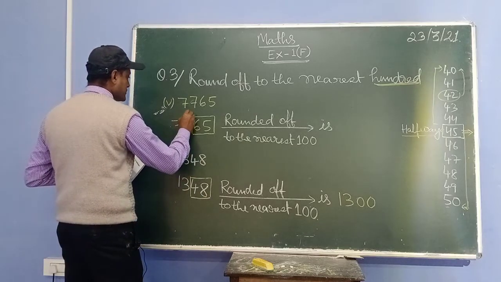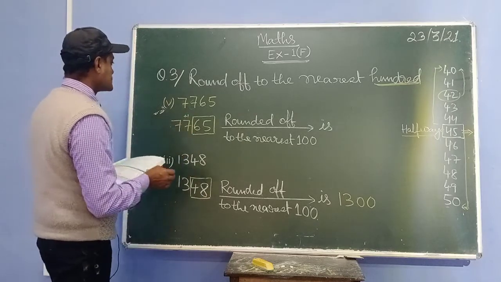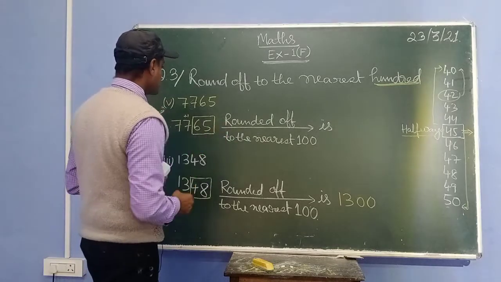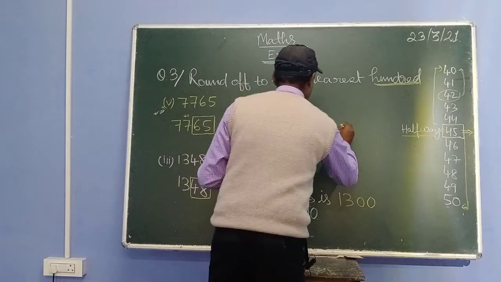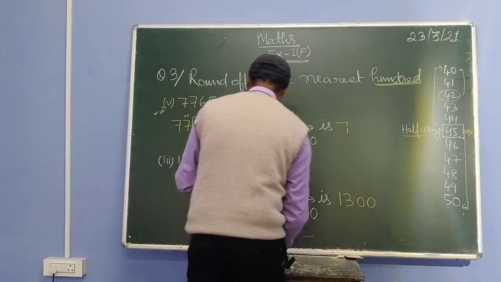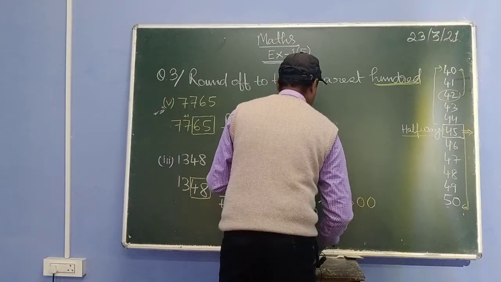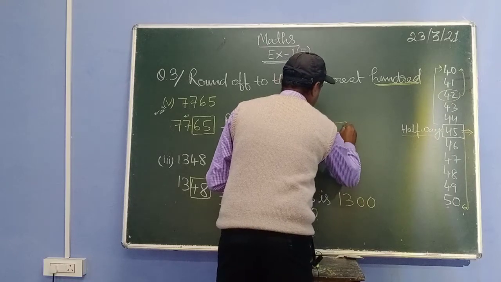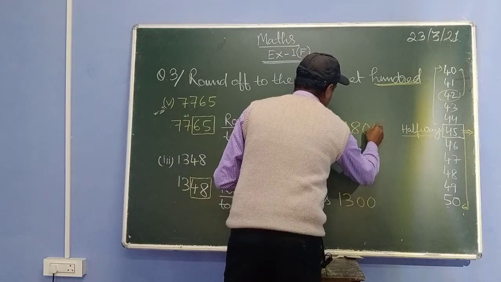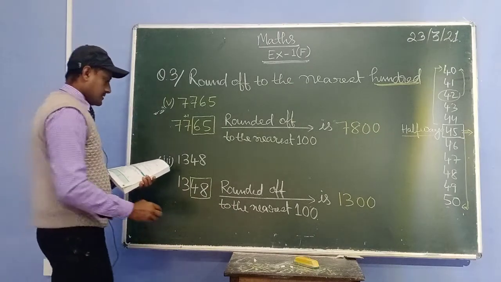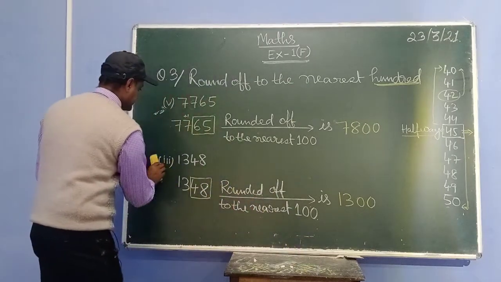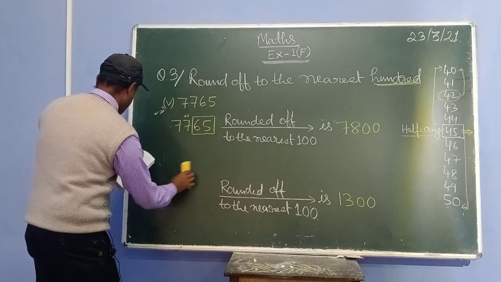So we will add 1 here. Rounded off to the nearest 100, 7765 is 7800.